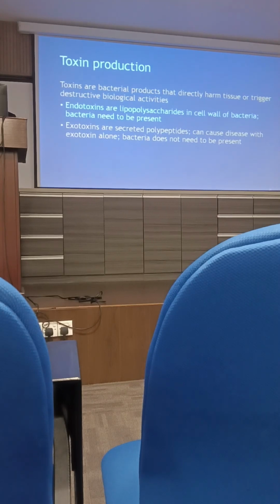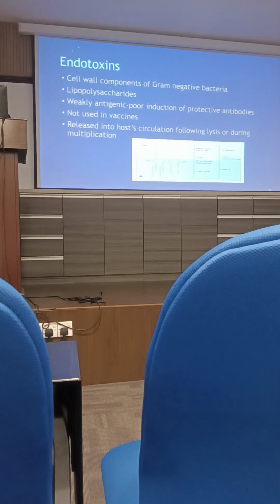The other toxin is exotoxin. Exotoxin is produced by both gram-positive and gram-negative bacteria, not all, depending on the species. When you say endo, what's the meaning of endo?